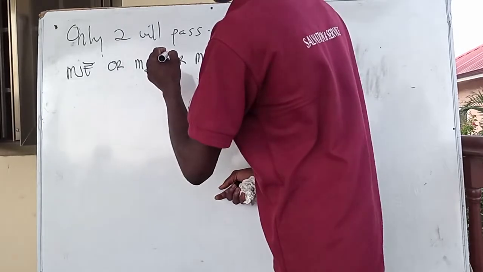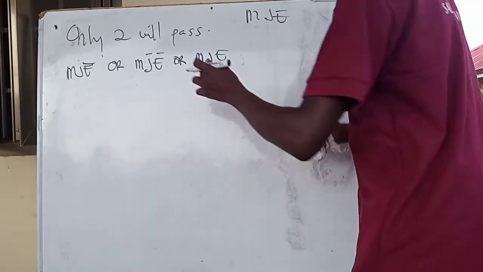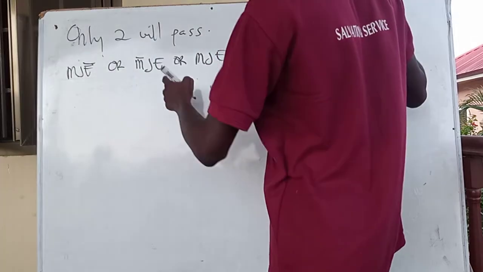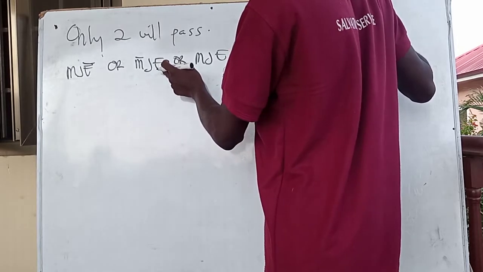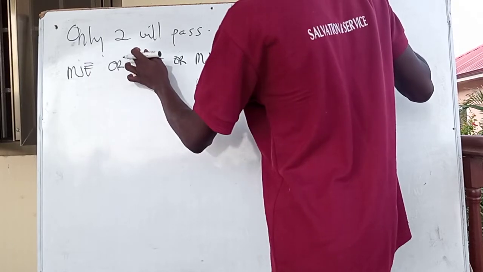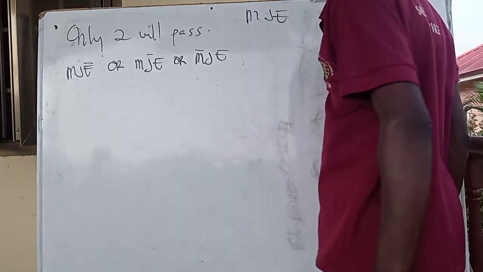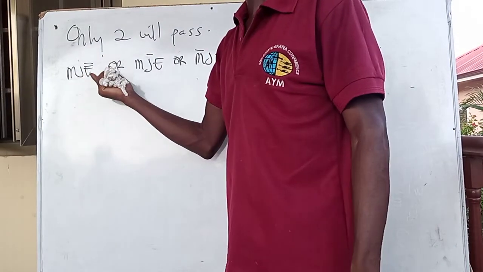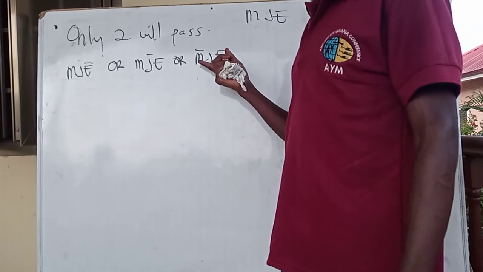So here too, you can make it like this. The first one is given to this, the next one you just give to this in order not to be confused, and the third one you give to this. So you see that M and J will pass, this will not pass. Or M and E will pass.